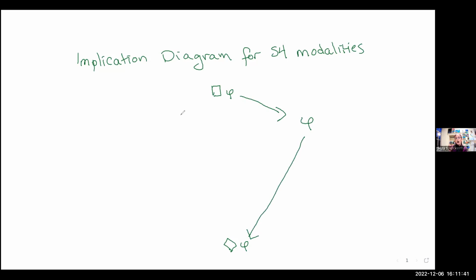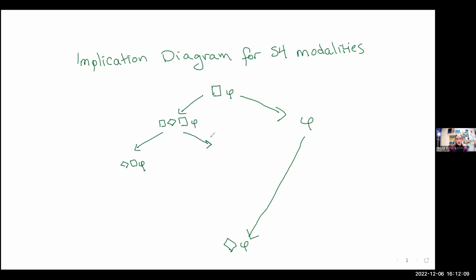But we've got the other modalities, the alternating modalities and the triple alternating modalities. Whenever necessarily phi is true, necessarily possibly necessarily phi is true, and this has two implications itself. One is possibly necessarily phi, and that just comes from the T axiom.